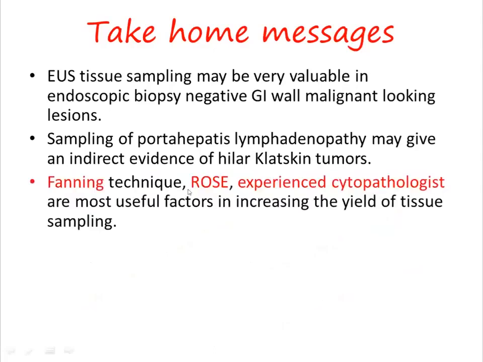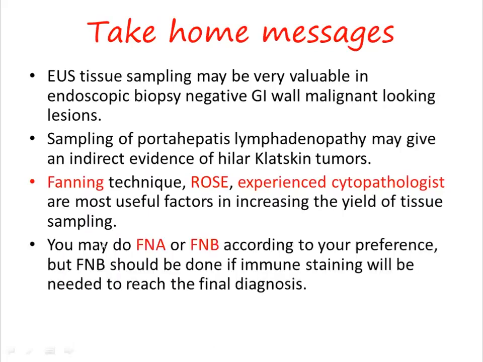Fanning technique, rapid on-site evaluation, and experienced cytopathologists are the most useful factors in increasing the yield of tissue sampling. You may do FNA or FNB according to your preference, but FNB should be done if immune staining will be needed to reach the final diagnosis.